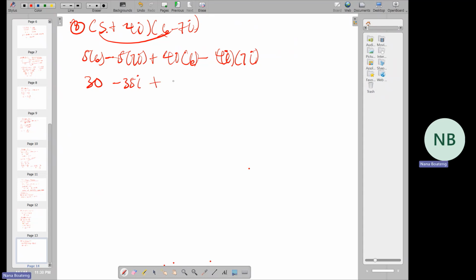plus 4i times 6 is 24i, and minus 4 times 7 is 28, and i times i is i squared.